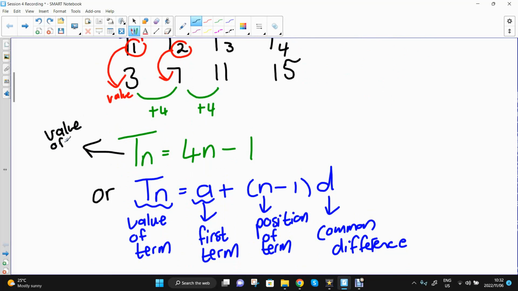The value of the term, we also call it the output variable. So as soon as you put your position into the formula, you get the value of the sequence. And n is the position, the term number that you want to sub in there and get your answer out.